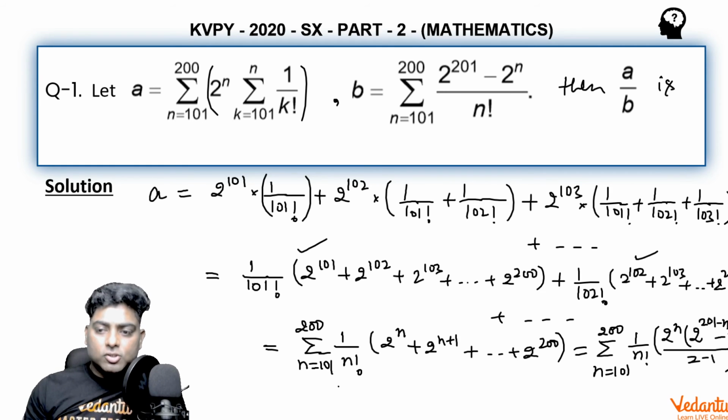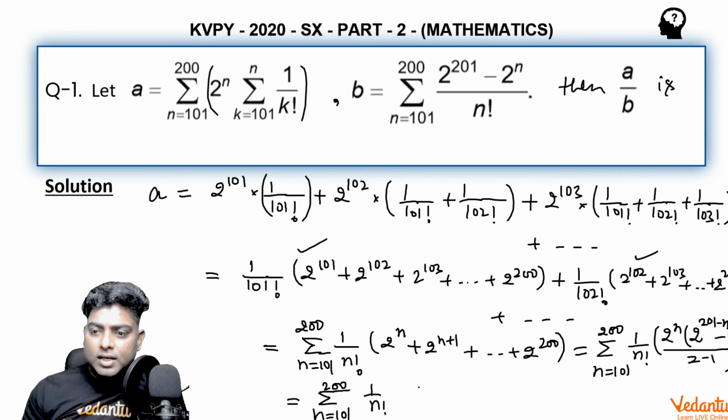So finally in that way you'll get a as sigma n from 101 to 200, 1 upon n factorial, and that is nothing but 2 raised power 201 minus 2 raised to the power n upon 2 minus 1, that is 1. So finally we are getting this to be nothing but b.